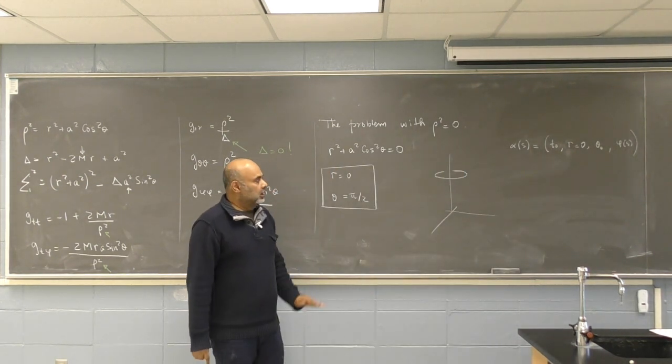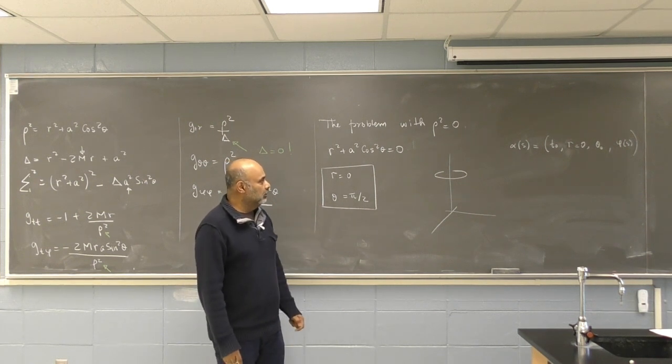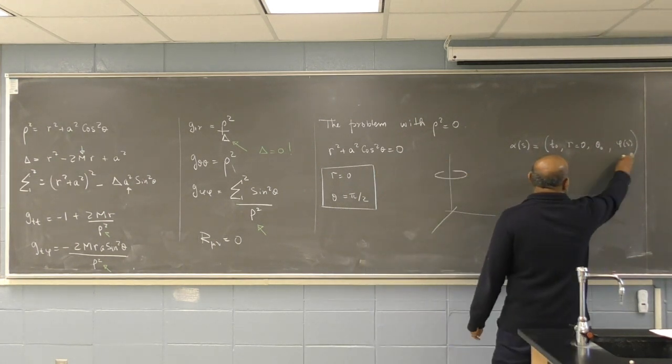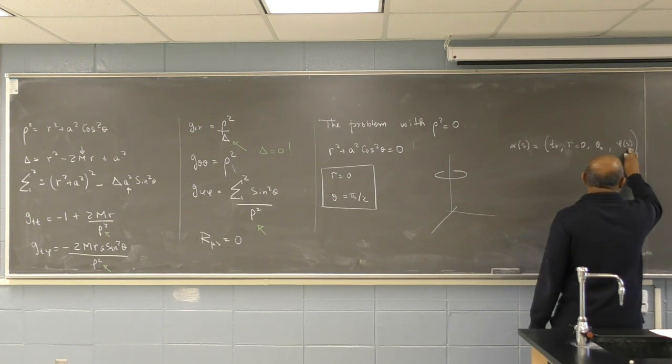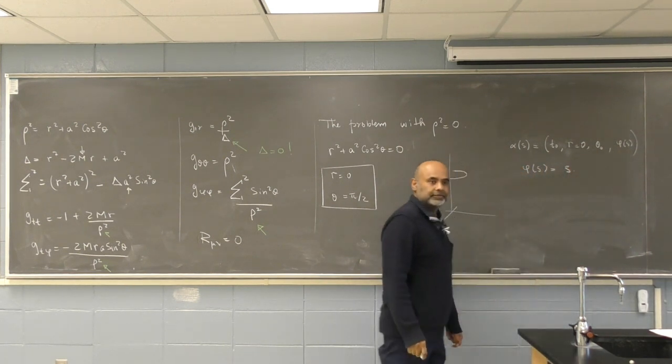But that's okay. Bear with me. Let's see what I'm headed towards. So for the velocity of this curve, I can pick phi of s to be equal to s if you want.